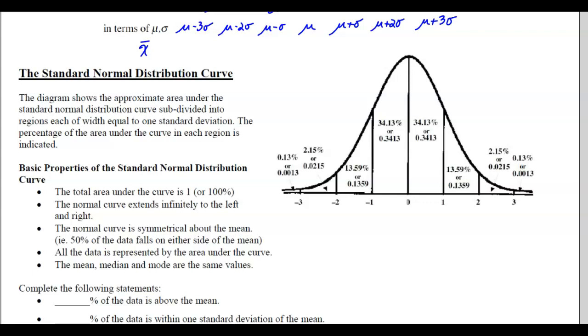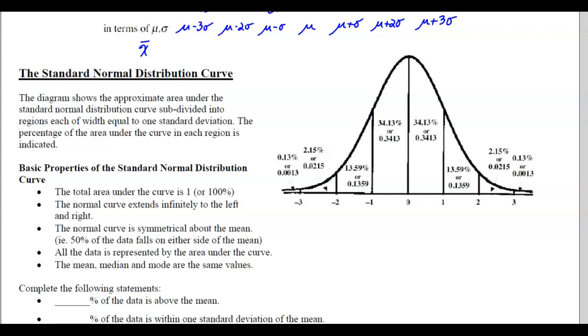It's not always going to fall within the standard deviations, but basically at least 99.74% of the data will fall within 3 standard deviations. That's also a property of the normal distribution. So the graph shows the approximate area under the standard normal distribution curve, subdivided into regions, each with a width equal to 1 standard deviation.